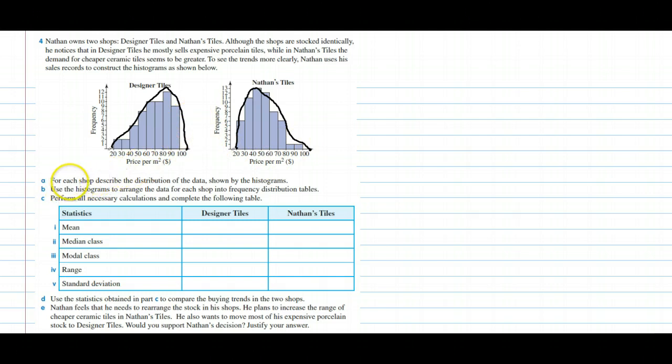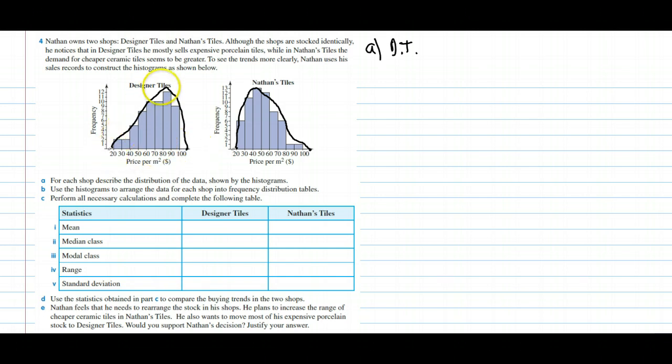Now let's look at the questions. For each shop, describe the distribution of the data shown by the histograms. Okay, so for A, we've got to describe the distribution of both sets of data. So Designer Tiles, how can we describe that? We've got to use these common terms that we've heard, like normal distribution or skewed distribution, clustered, and so on.